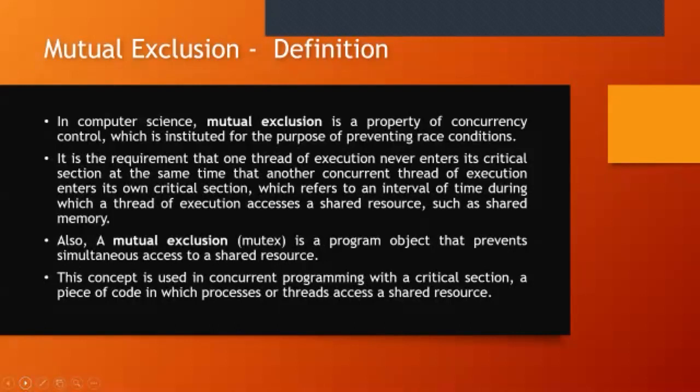So this is the definition of mutual exclusion. Mutual exclusion occurs when there are more than one process and they want to use the same resource at the same time. This is the concept of mutual exclusion.